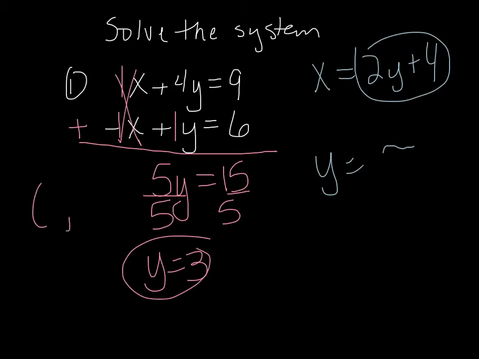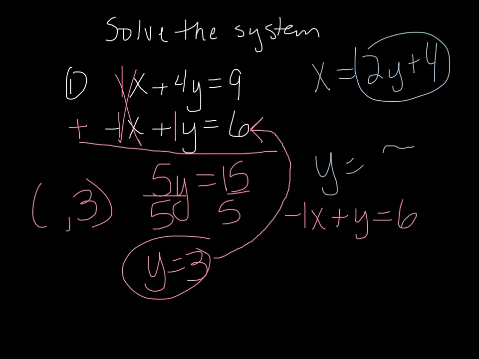Now in my point, that's the y value. I still need an x value, so I'm going to substitute it into either problem. It doesn't matter. I'm going to use this one: negative 1x plus y equals 6. I'm going to replace my y with a 3.